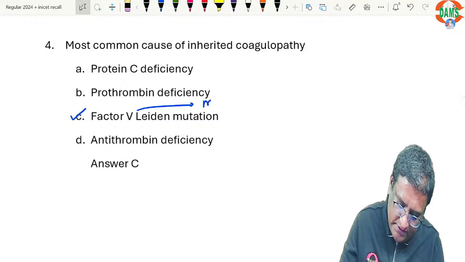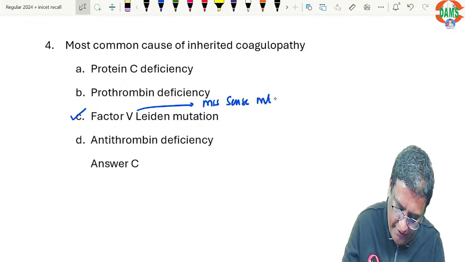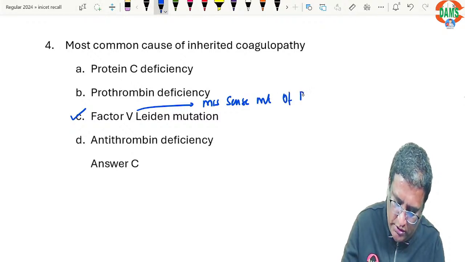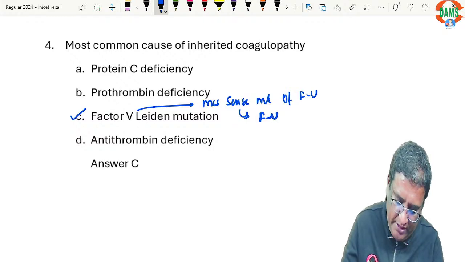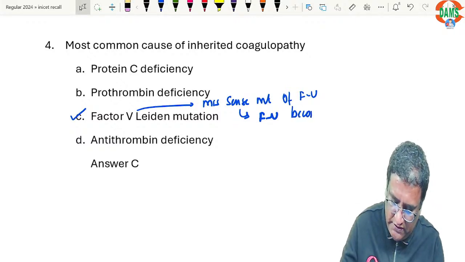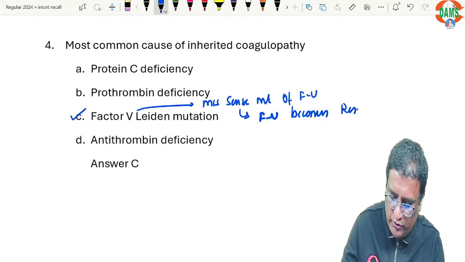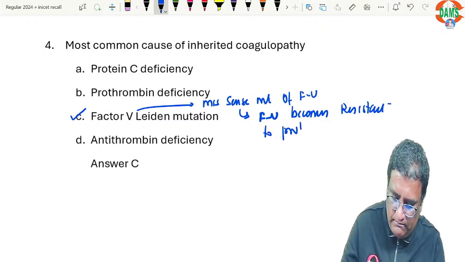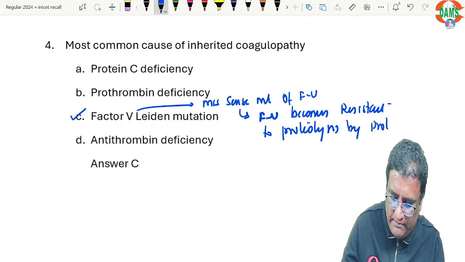There is a missense mutation of factor 5, and because of this missense mutation, factor 5 becomes resistant to proteolysis by protein C.